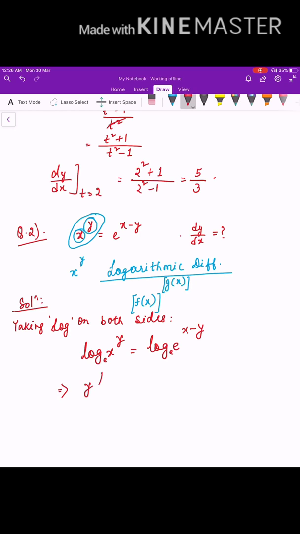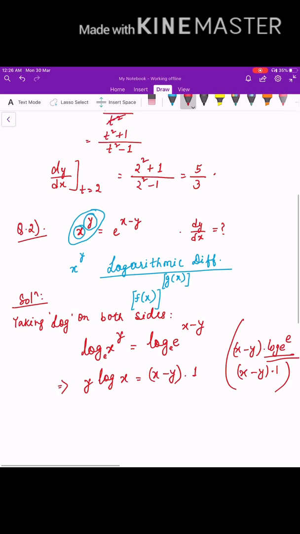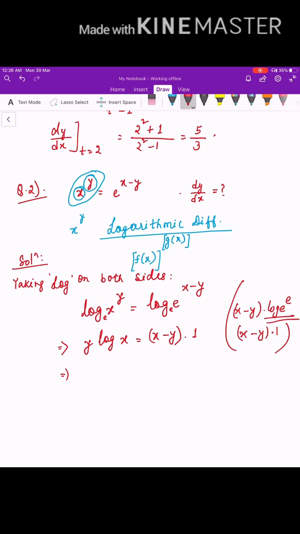So it becomes y log x is equal to x minus y, times log e to the base e, which is 1, right? Because the power becomes a coefficient, we are left with log e to the base e, which is nothing but 1. So hence we are going to write it as just 1. So y log x is equal to x minus y.